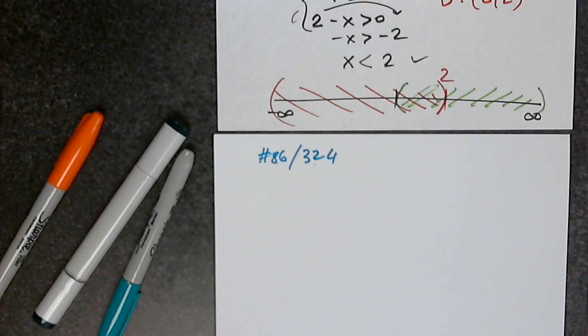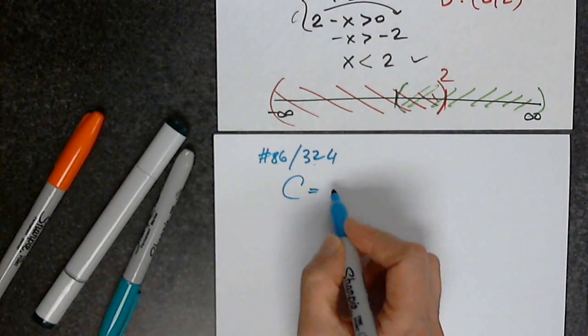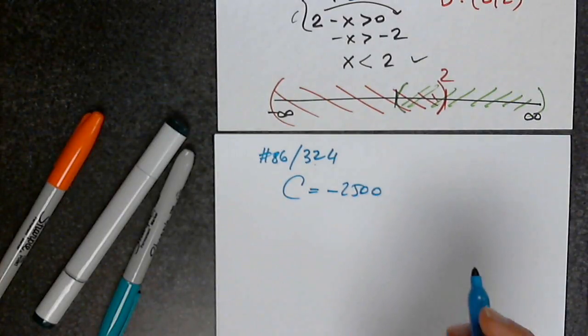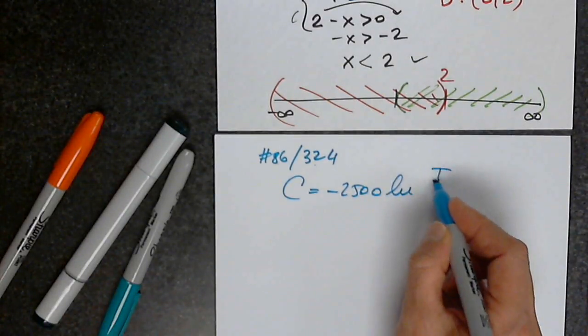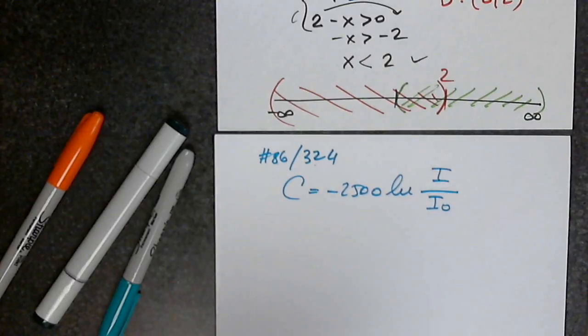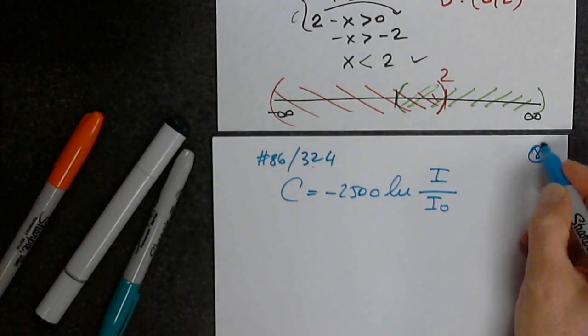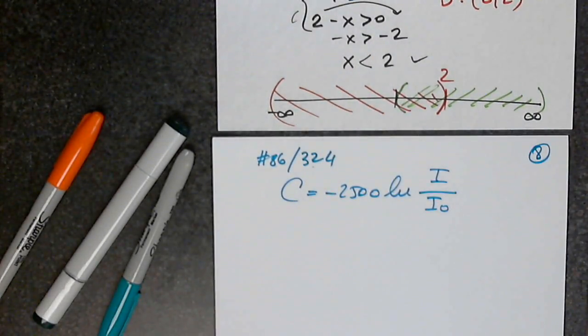For a certain substance, the concentration in moles per liter is found by using the formula C equals negative 2500 natural log of I divided by I sub 0, where I sub 0 is the intensity of the incident light and I is the intensity of light that emerges.